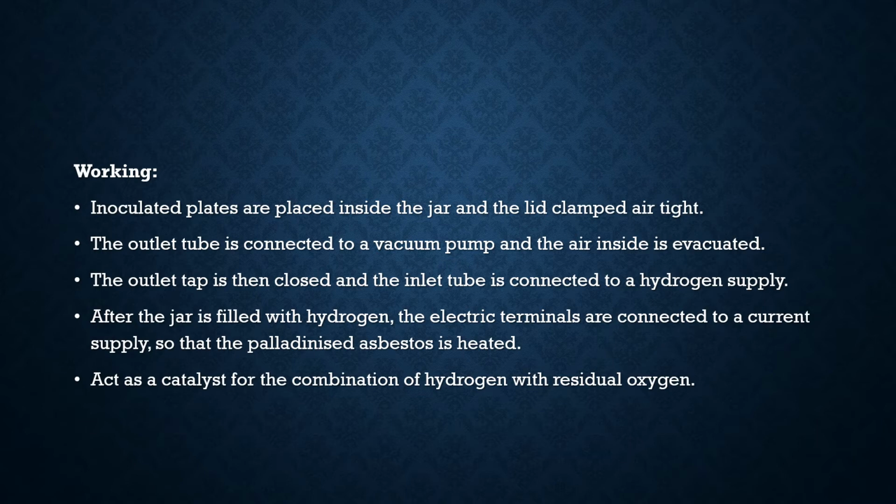When we inject the hydrogen gas, it will combine with the oxygen gas and form H2O with the help of the platinized asbestos in the heated state. When hydrogen and oxygen combine, they eventually form H2O, and the oxygen will be completely removed from the jar.